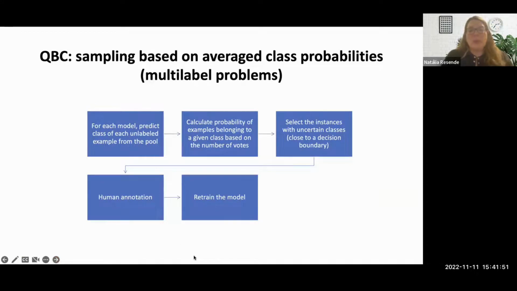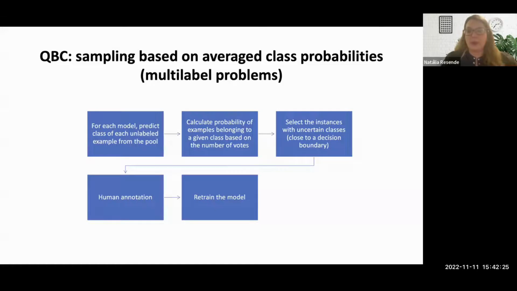Now, the query by committee for a multi-label problem. A multi-label problem, as you know, is different from a multi-class problem. For a multi-class problem, the model selects one class among 3 or 4 or more possible classes. In a multi-label problem, we have several labels associated with one instance, right?